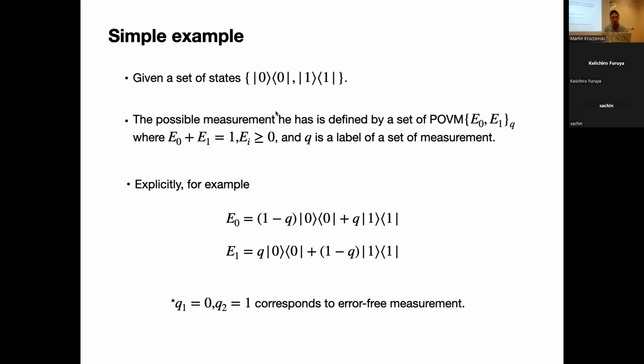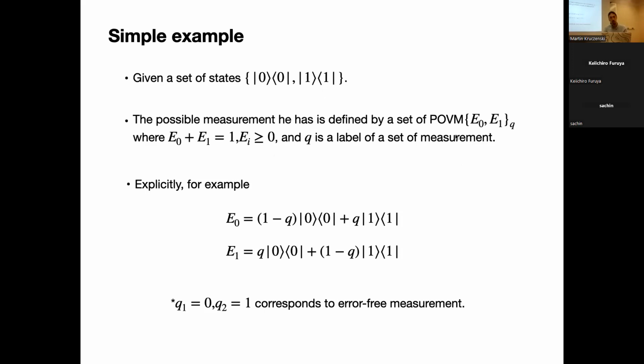So let's work out a simple example. Given a set of two states, |0><0| and |1><1|, single qubit pure states that Alice can prepare, she sends one of the states to Bob. The possible measurement that he can do is defined by a POVM. This is not the measurement defined by the projections of |0><0| and |1><1|.